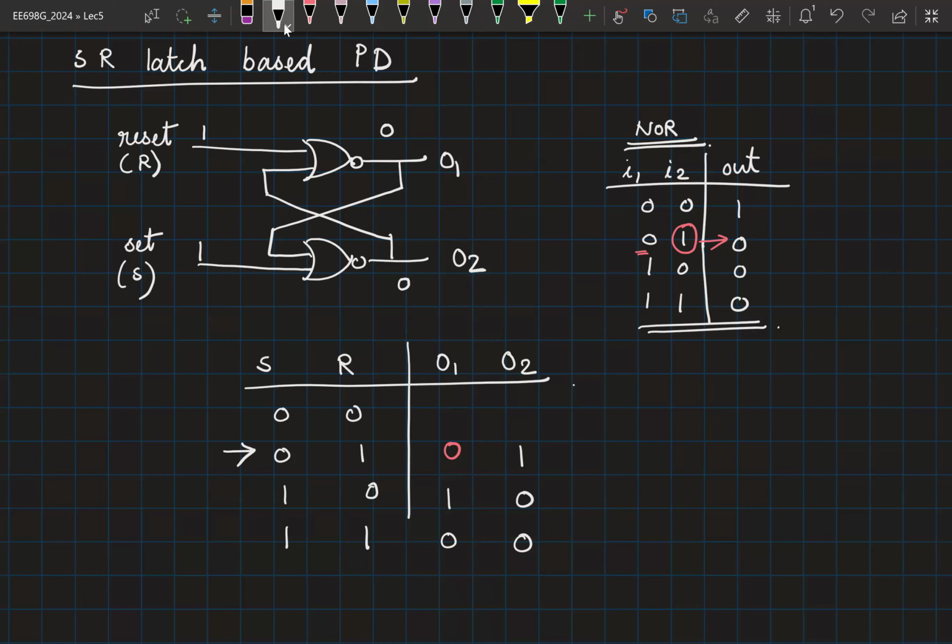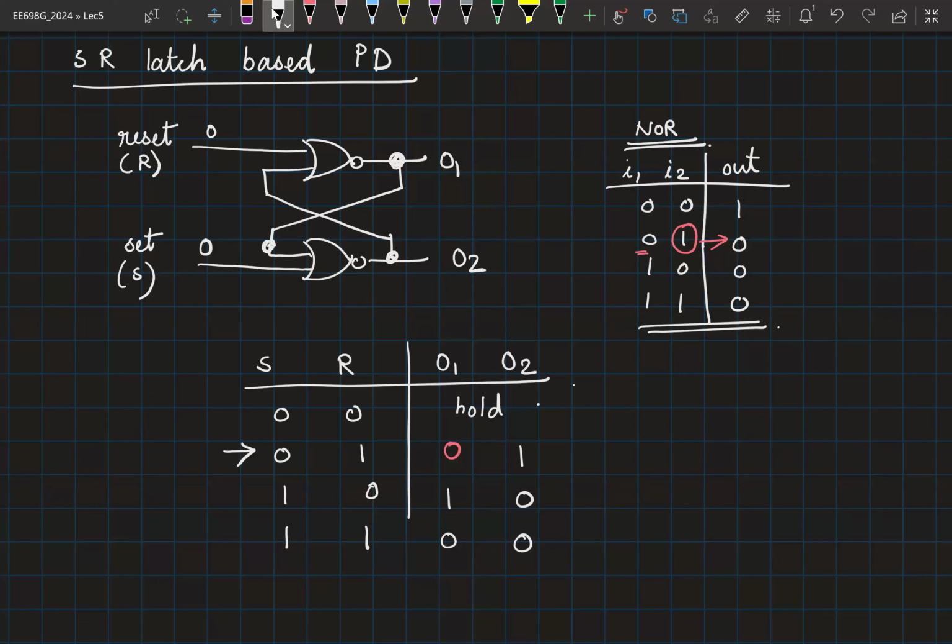Now, when S and R are 0, 0, it is going to hold the previous state. For example, if both inputs are 0, 0, whether this output is going to be 1 or 0 depends on this, which depends on this value.